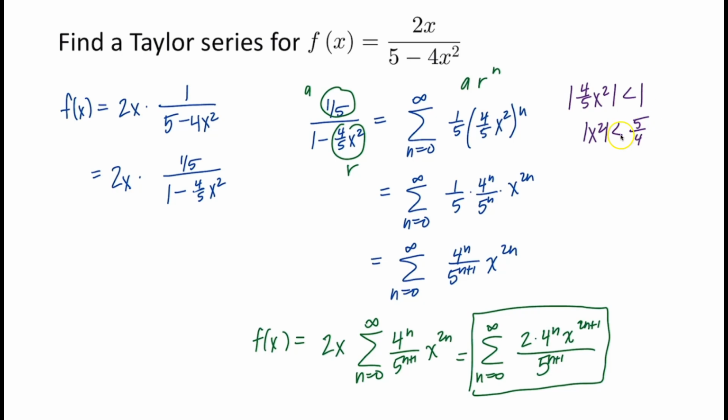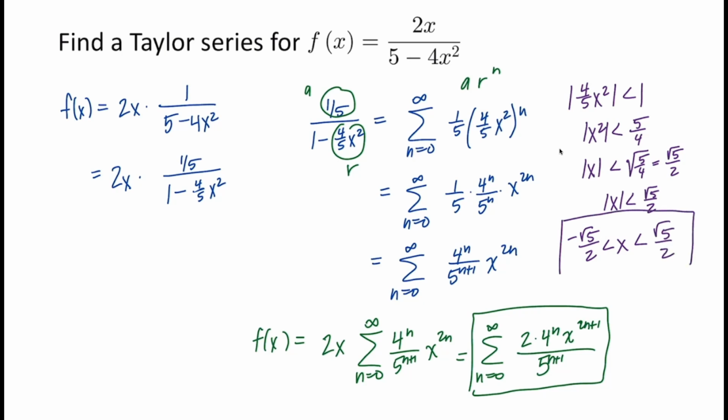We can take the square root of both sides, so this is equivalent to the absolute value of x being less than the square root of 5 over 4, which is the square root of 5 over 2. So the complete interval of convergence is negative root 5 over 2 less than x less than root 5 over 2. This is the interval of convergence on which this power series is equal to f of x, our original function.